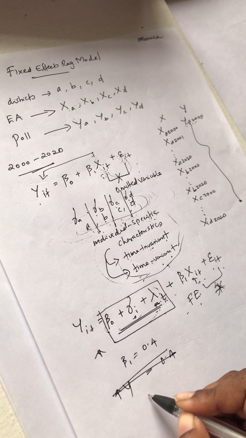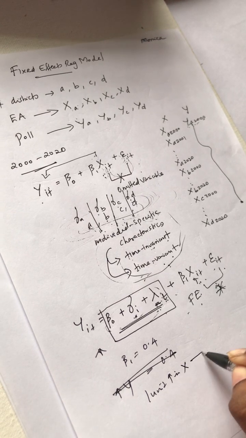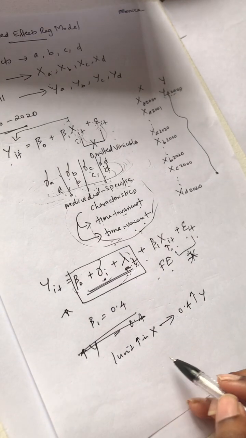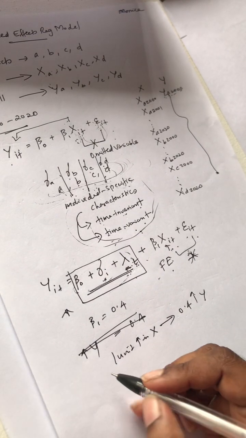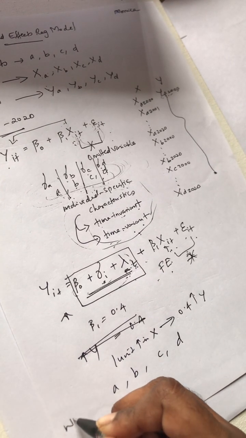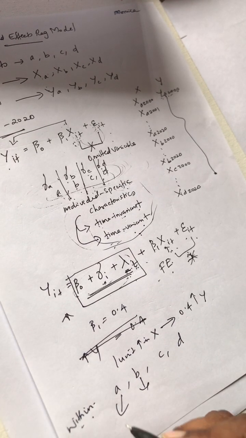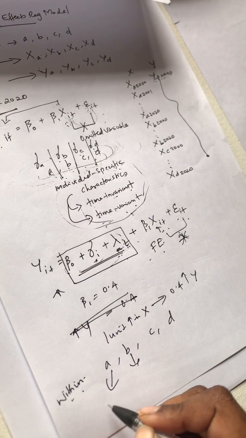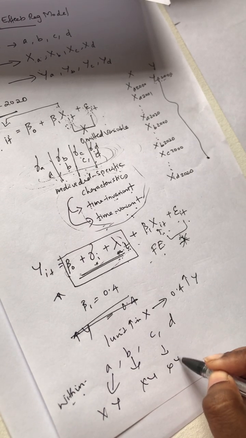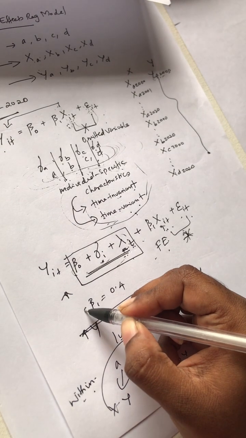We would say that a 1 unit increase in X would lead to a 0.4 unit increase in Y. So that means that within each of these districts, A, B, C, and D, the relationship between X and Y is represented by this beta 1 equal to 0.4.